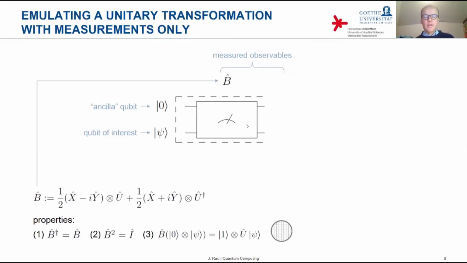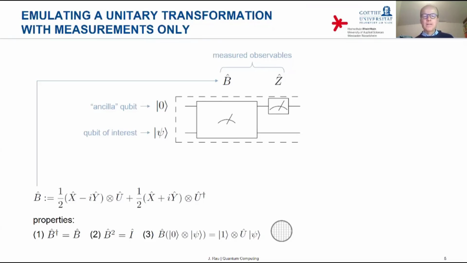And after this measurement, the two qubits are either in the state 0 tensor psi plus 1 tensor u psi or minus 1 tensor u psi. Now comes the second measurement, and the second measurement is performed on the first qubit, on this ancilla qubit only.